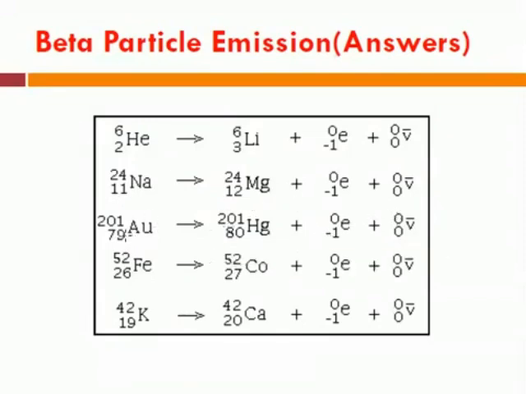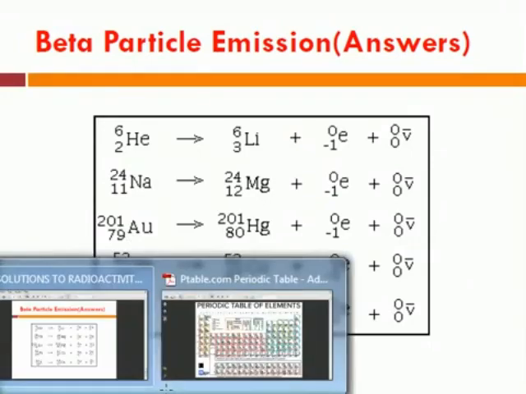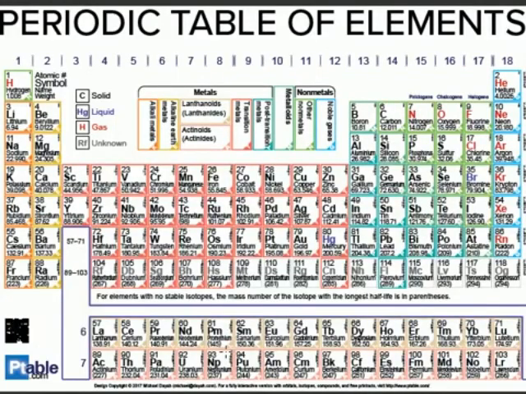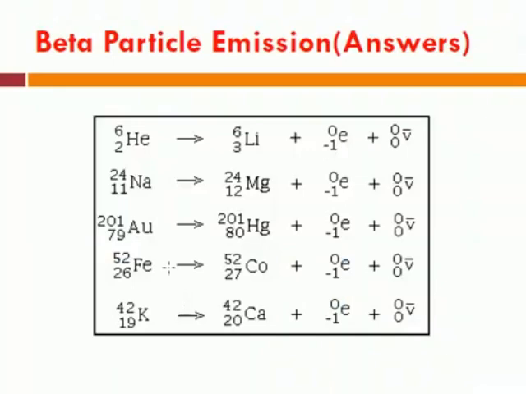Negative 1 plus 79, so we have 80. The element with atomic number of 80 is mercury. Then next, number 4. So we have 52 here, 52. Then negative 1 plus 26, so we have 27. And the element with atomic number of 27 is cobalt.